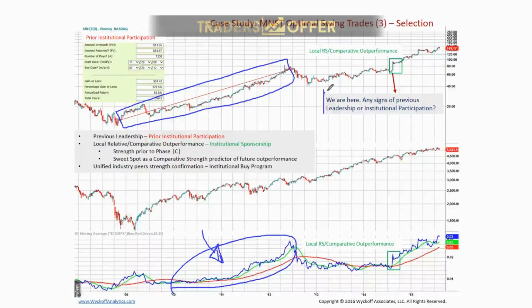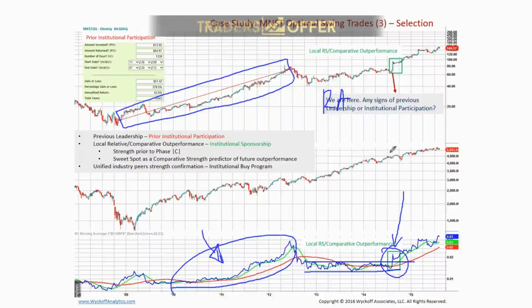And then once we go into potential reaccumulation, the idea is that we're going to resume the trend. We're going to resume at some point the outperformance. This stock is going to become a leader again. And out of the downtrend in leadership by the relative strength ratio line, we are looking for the point where the stock is starting to outperform.